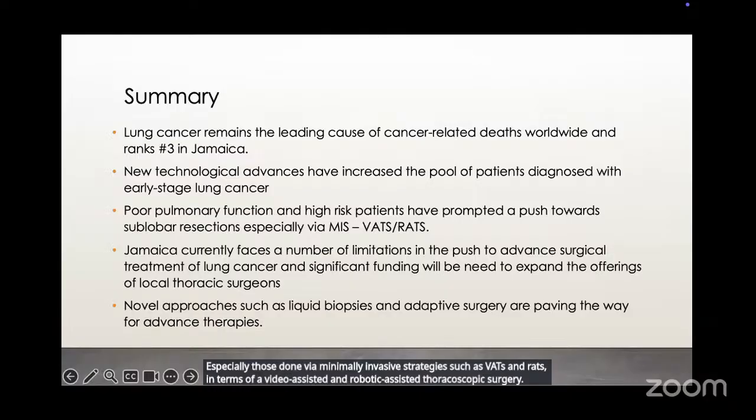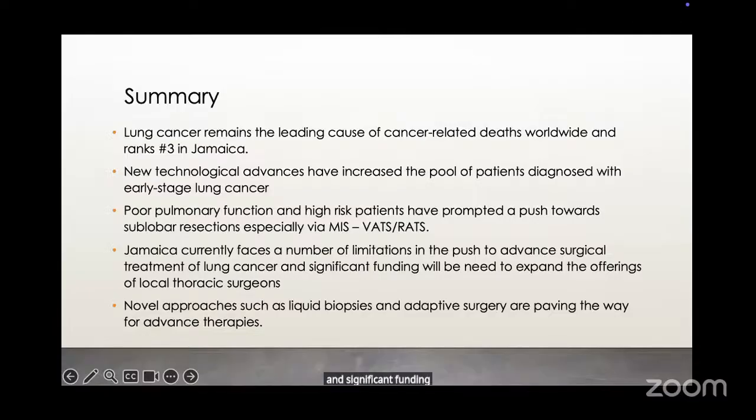Jamaica currently faces a number of limitations in the push to advance surgical treatment of lung cancer, and significant funding will be needed to expand the offerings of local thoracic surgeons. Novel approaches such as liquid biopsies and adaptive surgery are also paving the way for advanced therapies.